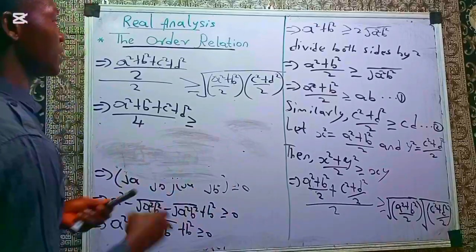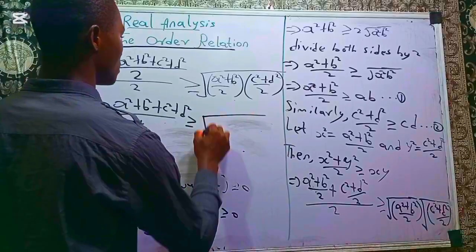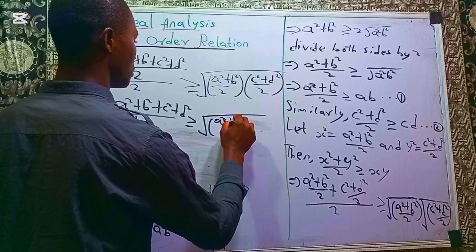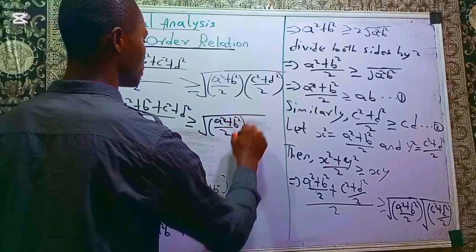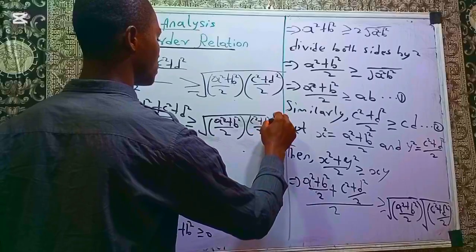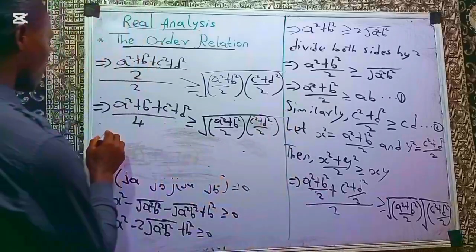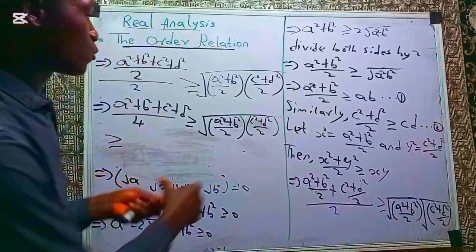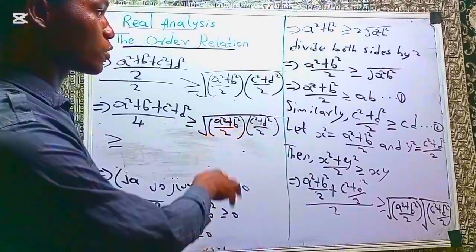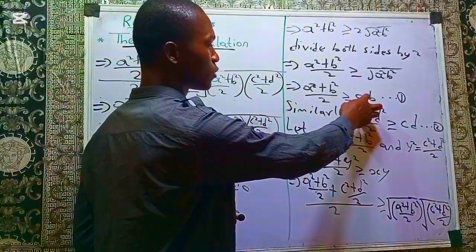So what do we have here? Square root of (a squared plus b squared divided by 2) times (c squared plus d squared divided by 2). So, a squared plus b squared divided by 2, this quantity inside a square root, is greater than or equal to ab.